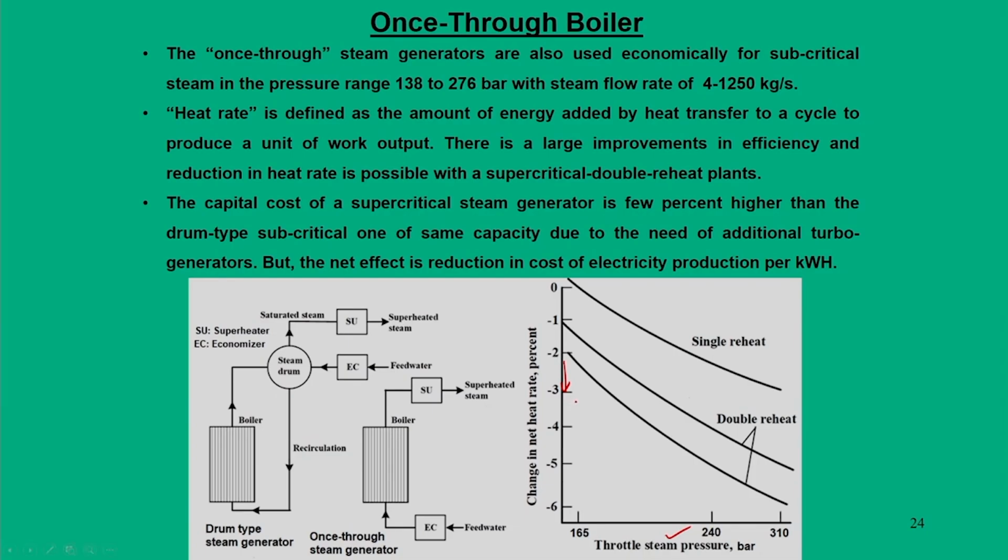When the heat rate is less, we are using a lower quantity of fossil fuels to produce more steam. That is the economic advantage for which once-through boilers are chosen in many applications. The once-through boiler has an operating range of 130 to 276 bar, and the flexibility of choosing the steam flow from very low to very high, from 4 to 1250 kg per second.